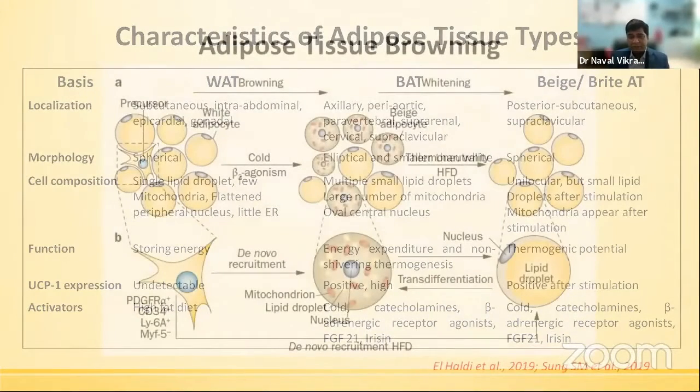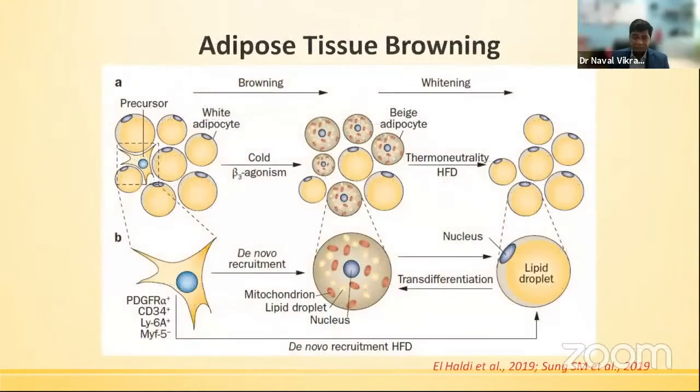Now, browning of adipose tissue, that is conversion of white adipose tissue to the beige or bright adipose tissue, is a dynamic and reversible process. So in the presence of certain stimuli such as cold or beta-3 agonism, the white adipocytes change their morphology and metabolic profile into beige adipocytes, which have increased mitochondria.